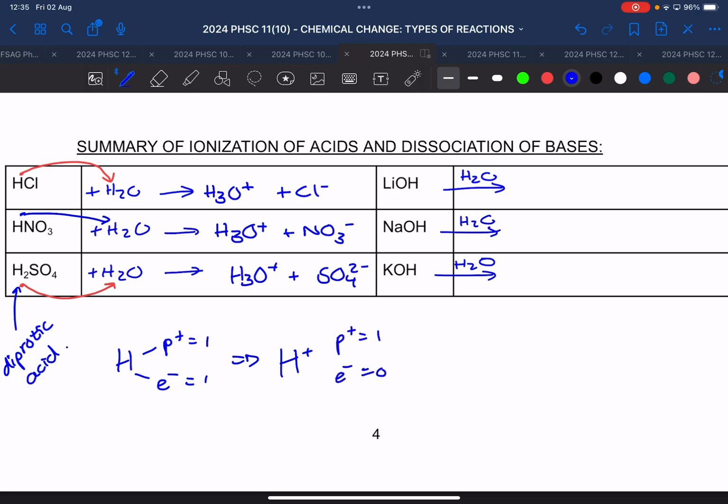So if you have a hydrogen ion, it is just a proton. That's all it is, a single proton floating around. So when we say it's a diprotic acid, we say it has 2 protons that it can give off. Okay, so these are called monoprotic acids because it gives away 1, and these are called diprotic acids.